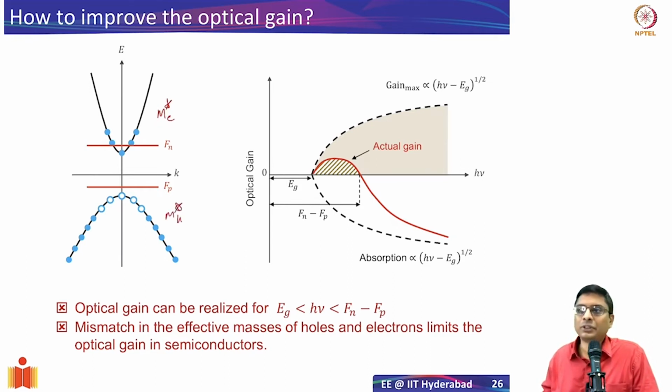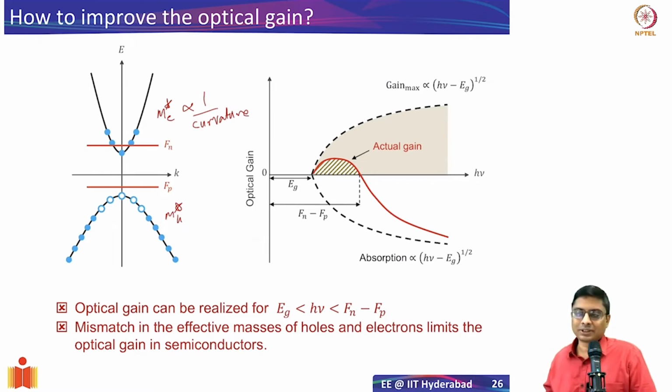And the effective mass, we know from our semiconductor courses, is basically inversely proportional to the curvature of the band, right? So the conduction band is very steep, so its curvature is large, and so it has a small effective mass, whereas for the holes, the curvature is small, so the effective mass is large.